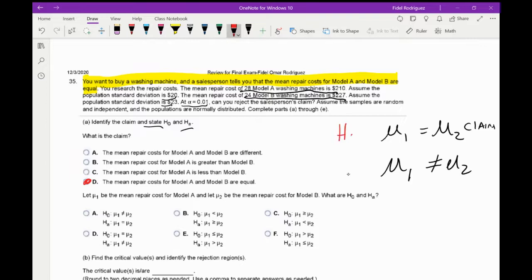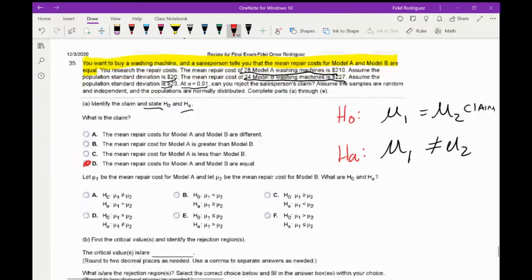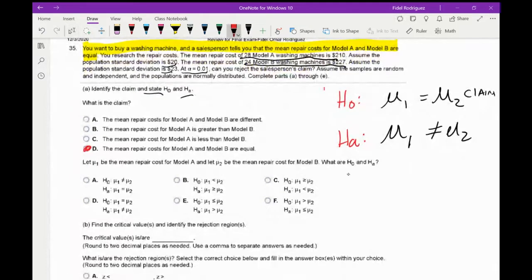So isn't this going to be my null? And won't this one here be my alternate? Now we're going to come back and look at the second part and say, which one are we going to choose from here? So it looks like we're going to choose option D, as in dog.